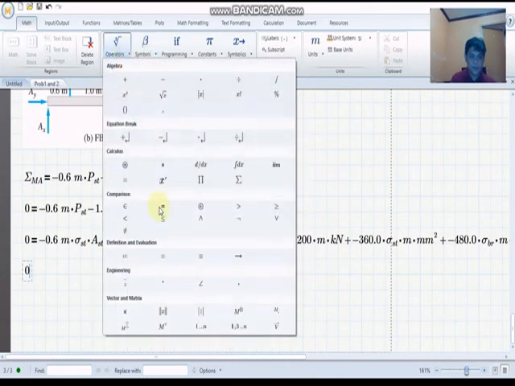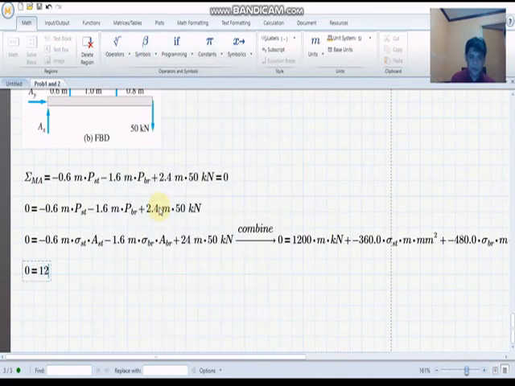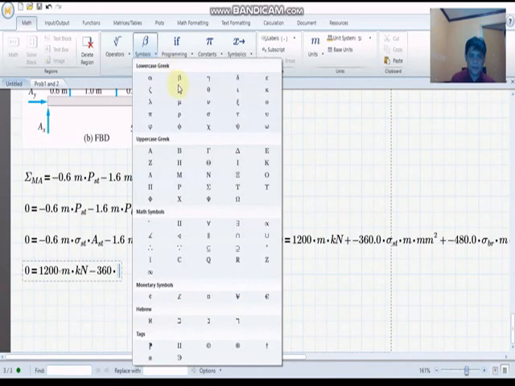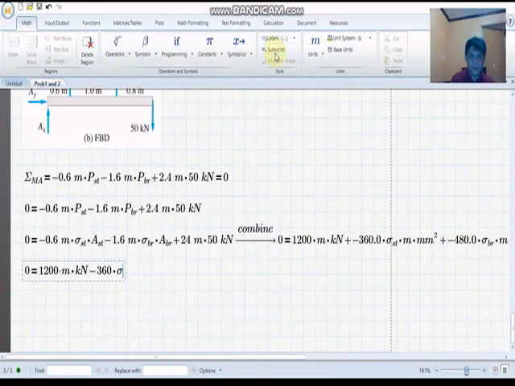The equation now is equivalent to 1200 meters times kN minus 360 times stress of the steel.